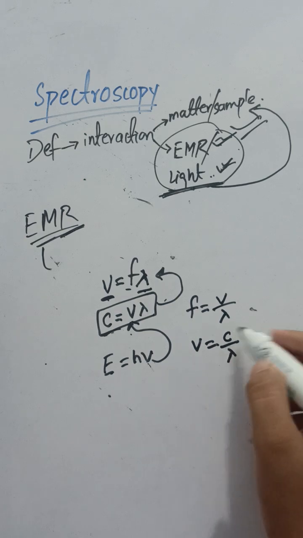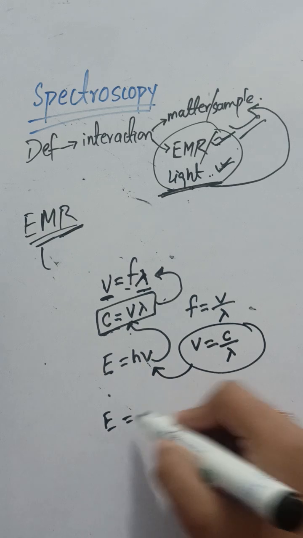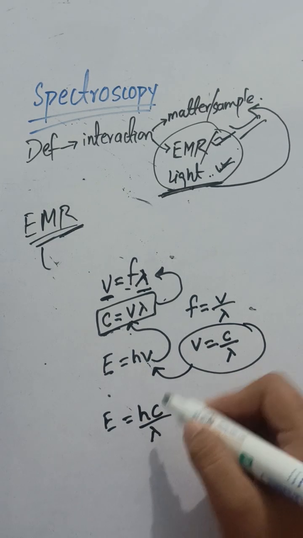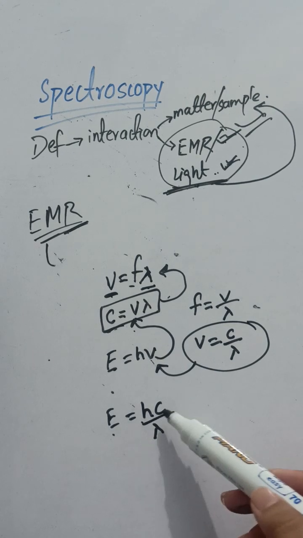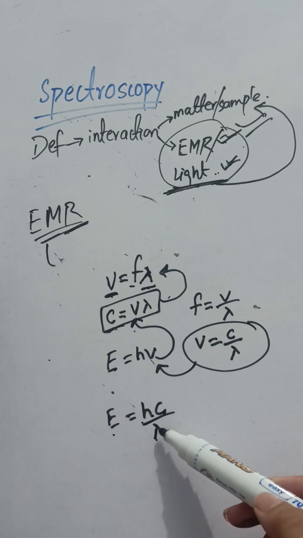Now we will put this equation in place of ν. E is equal to hc over lambda. So here E is the energy, h is your Planck's constant, c is the speed of light, and this is the lambda, which is the wavelength.